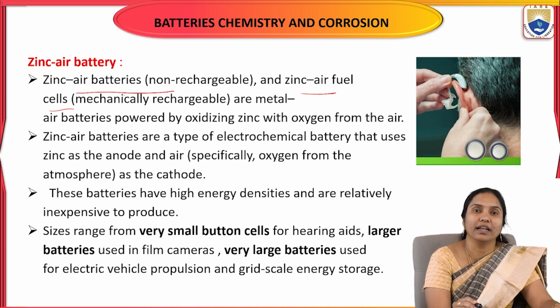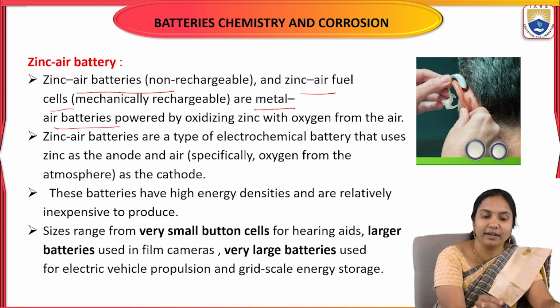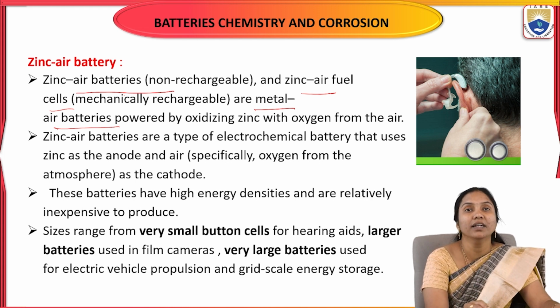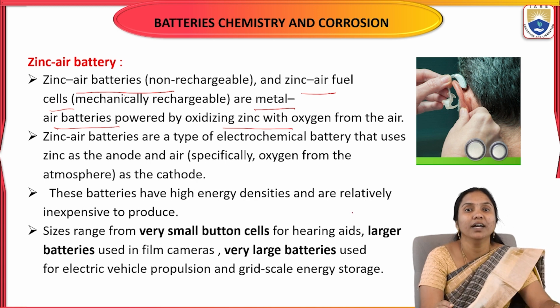Metal air batteries are also secondary batteries. So zinc air battery is the primary battery, zinc air fuel cell is the secondary battery, and metal air battery is also a secondary battery. All these zinc air batteries are powered by oxidizing zinc with oxygen from the air.